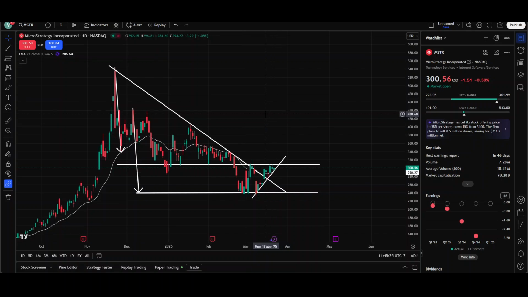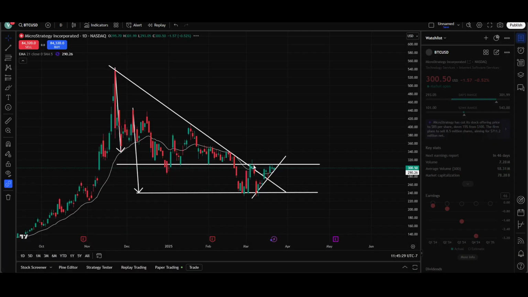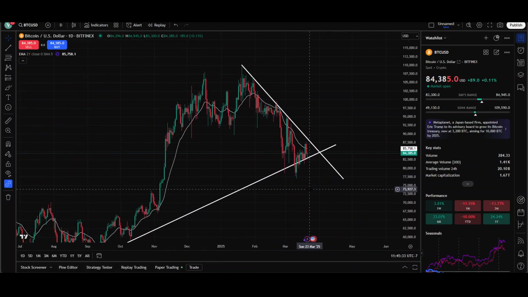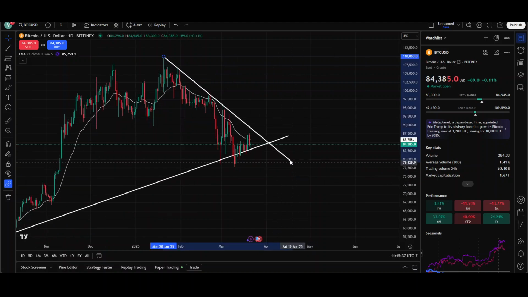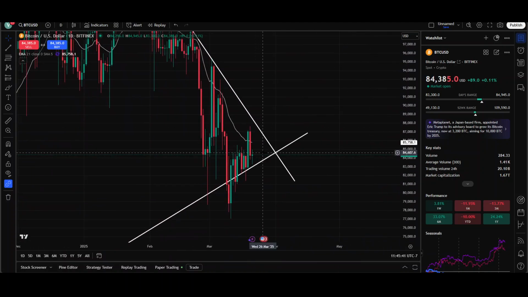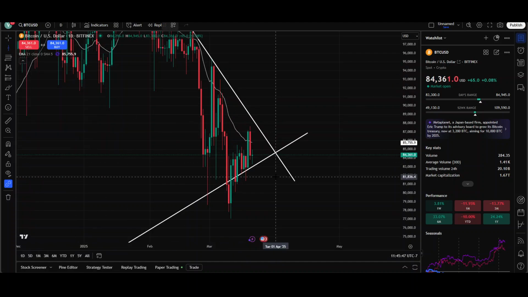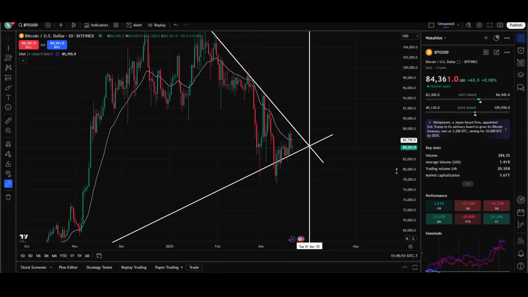So let's take a look at Bitcoin's chart as well to compare it against MicroStrategy. Bitcoin, again, looks like it's just pinched between these two trend lines. We have an upward sloping trend line, and we have a downward sloping trend line in play. It's getting to a point where it's going to break out soon. If I mark a vertical line right at the tip, it is right about April 1st, right where the lines converge.